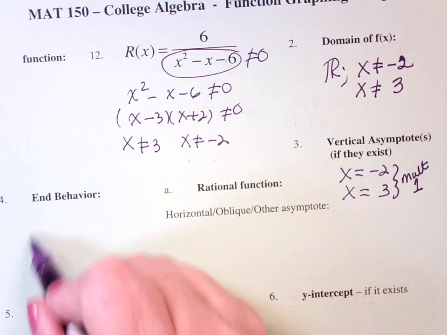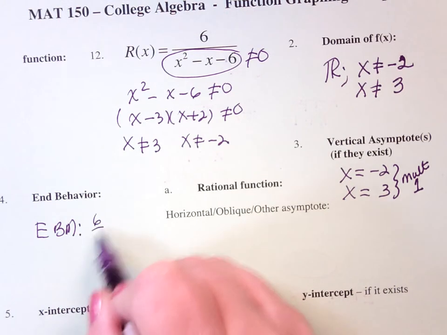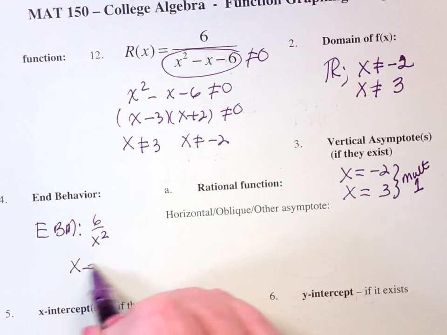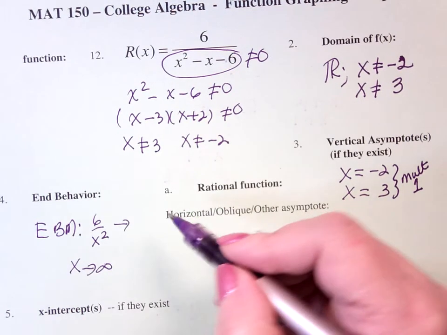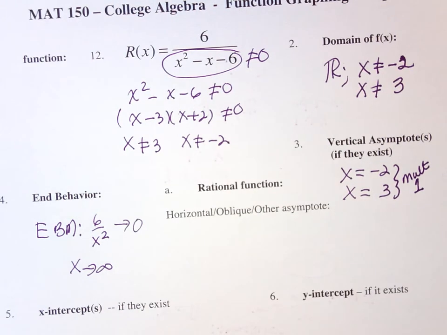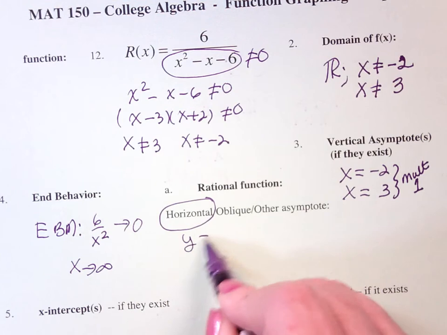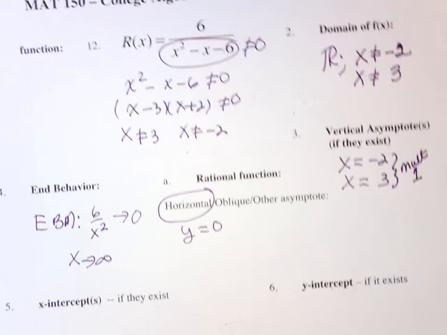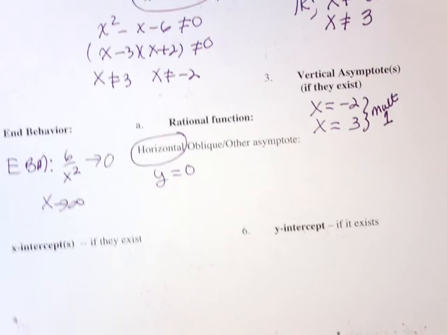End behavior, well, the end behavior model is 6 over x squared. Well, there's nothing to reduce, but as x goes to infinity, 6 over x squared goes to where? 0. So I have a horizontal asymptote, and it is y equals 0. So let's put in what we have.